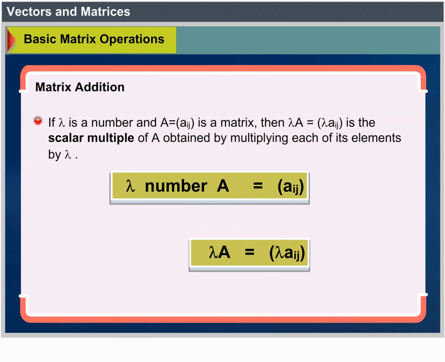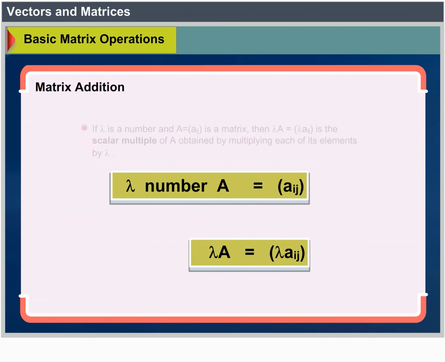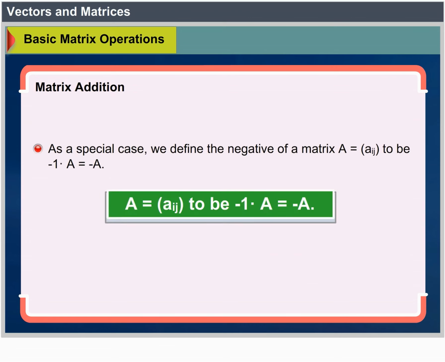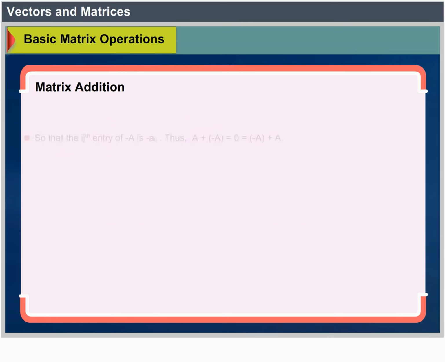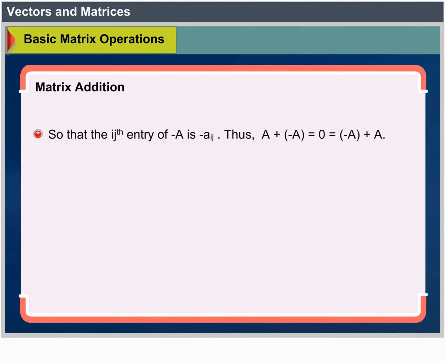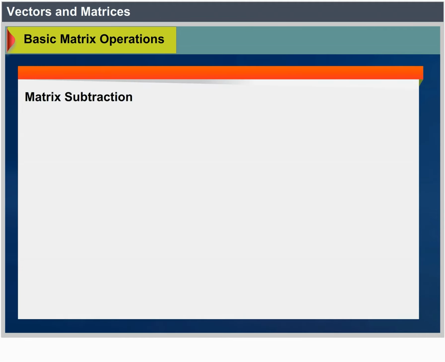As a special case, we define the negative of a matrix A equal to Aij to be minus 1 times A equal to minus A, so that the ijth entry of minus A is minus Aij. Thus, A plus minus A equal to 0 equal to minus A plus A. Matrix subtraction: A minus B equal to A plus minus B.